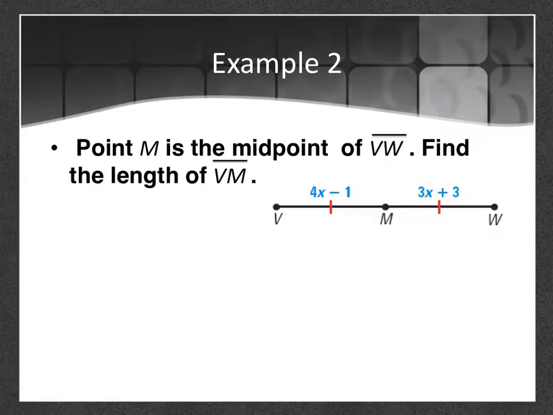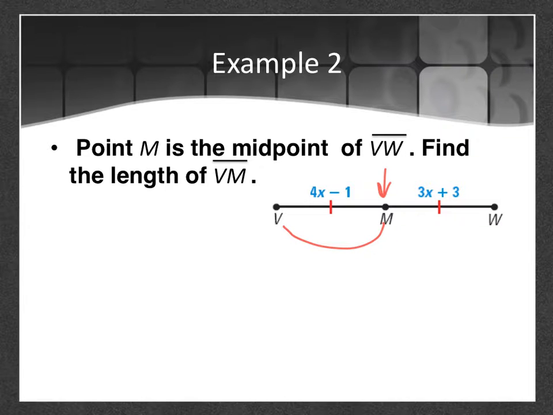All right, point M is the midpoint of VW. Find the length of VM. So M, right here, midpoint of VW. It's already marked. If it wasn't, I would have marked it. Find the length of VM. So I want to know the length of that at the end. How do I do it? 4x minus 1, 3x plus 3.